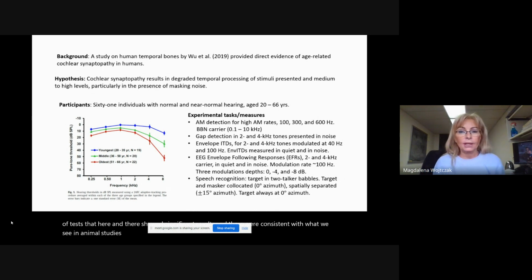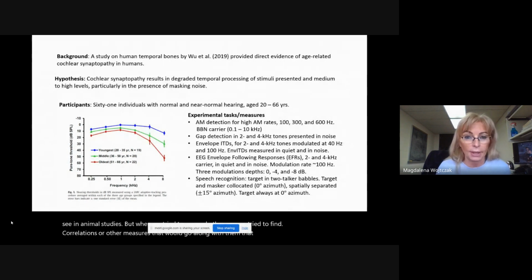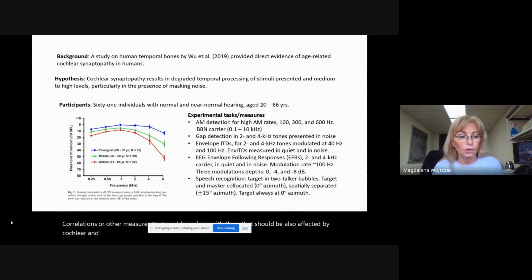But when we and other groups tried to find correlations with other measures that should also be affected by cochlear synaptopathy, we usually failed to show any kind of relationships. And that happened with our study that I'll talk about here.